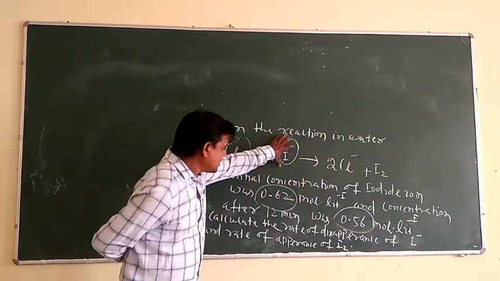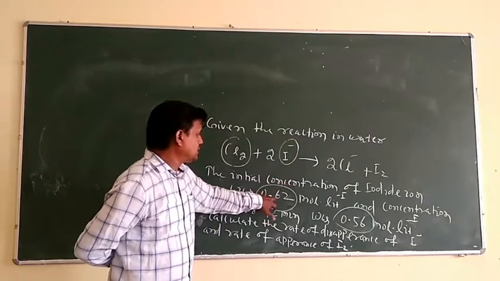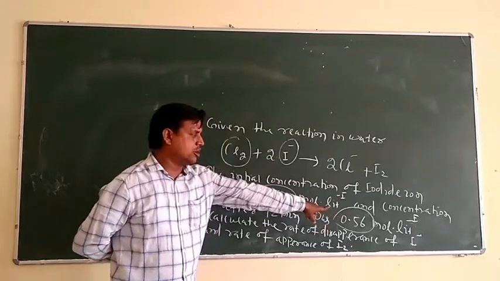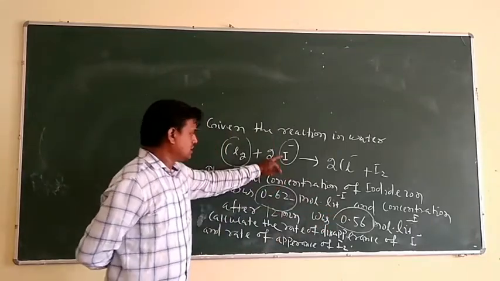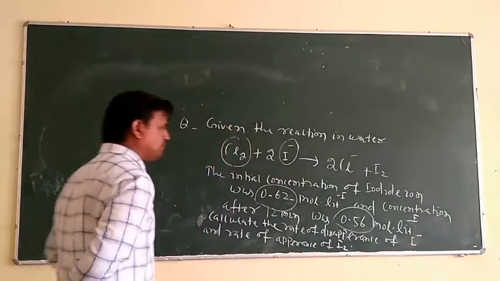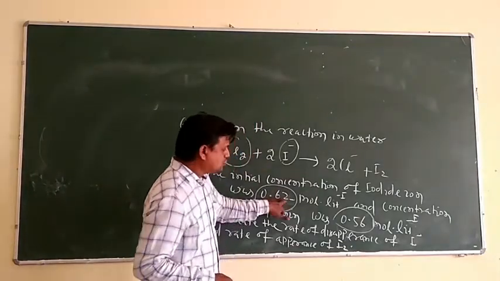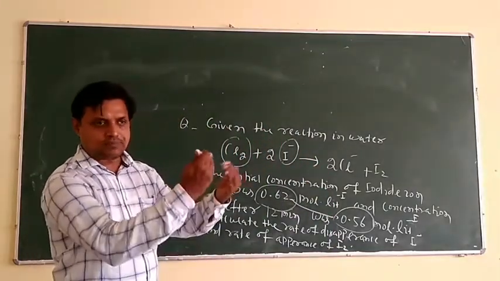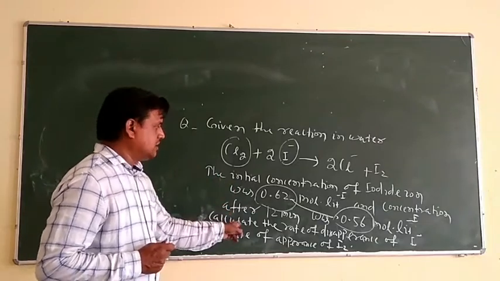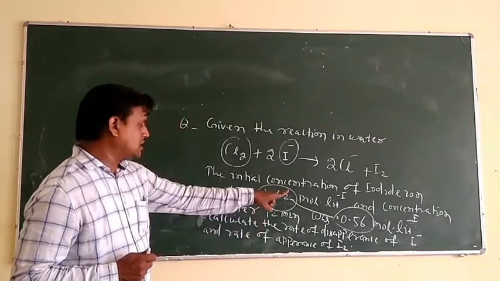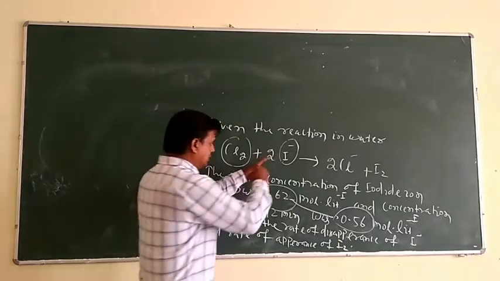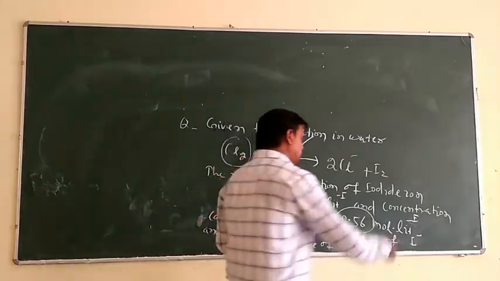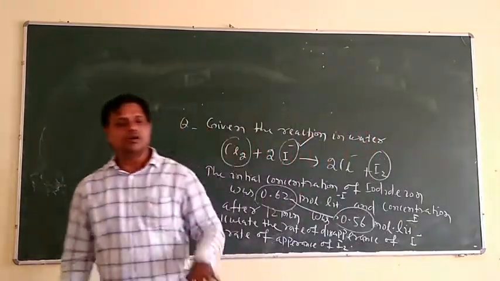After 12 minutes, the concentration of I minus ion changes from 0.62 to 0.56. What we have to solve: calculate the rate of disappearance of I minus ion and the rate of appearance of I2 molecule.